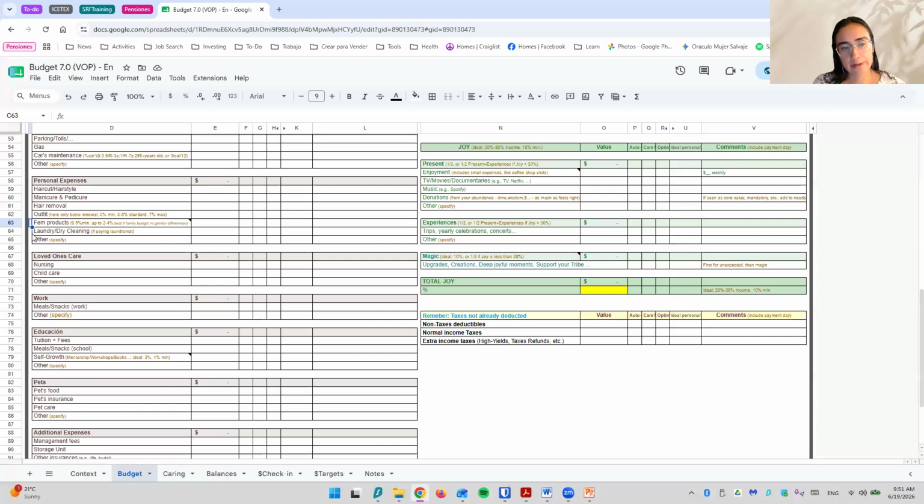Feminine products. I feel that this is a thing that I still debate in my head, but it's still true: women, or females in general, women-identified people, we are kind of expected to use some certain things that other genders maybe not.